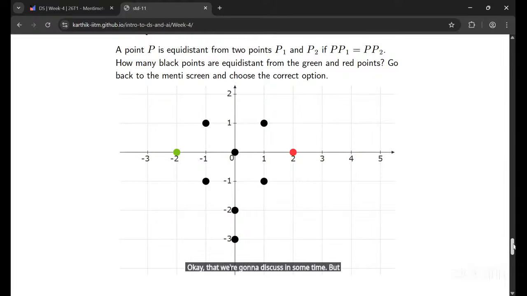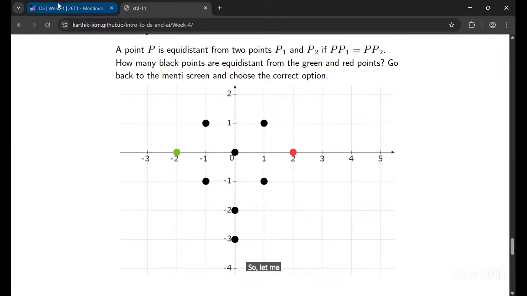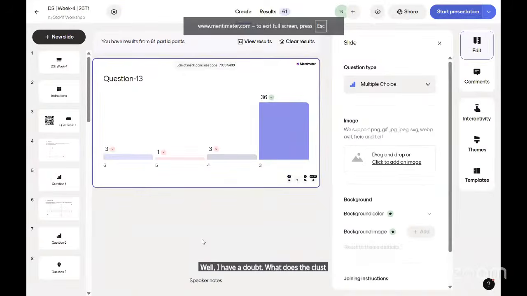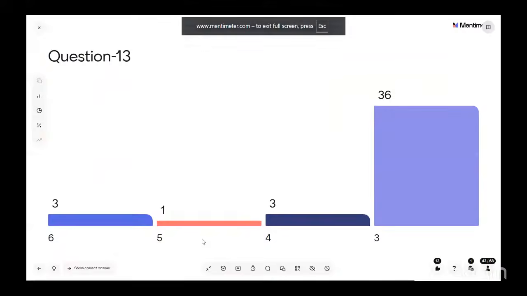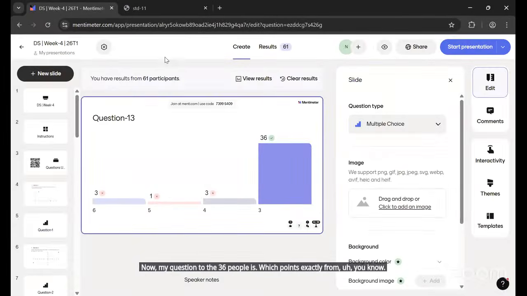But what I want you to do now is, let me first show you the correct answer. So 36 people selected 3, which indeed is the correct answer. Now my question to the 36 people is, which points exactly from the graph are equidistant?